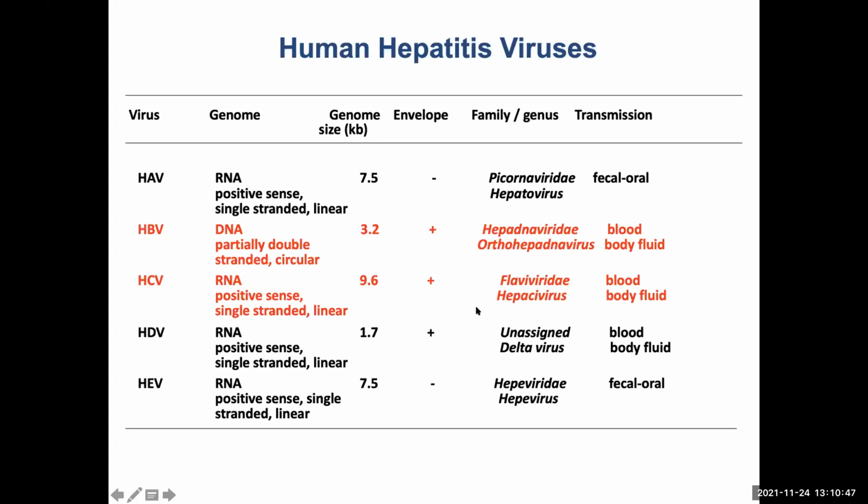HCV belongs to the Flaviviridae family, Hepacivirus genus. HCV also transmits through blood and body fluid, and also causes hepatocellular carcinoma. So HBV and HCV are oncogenic viruses.